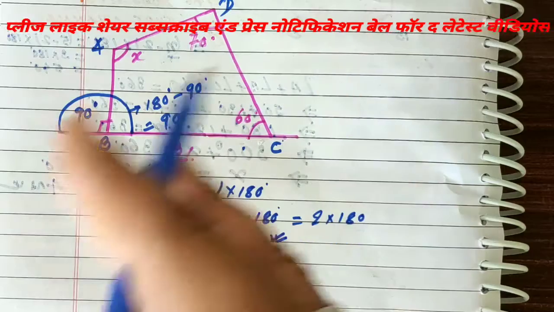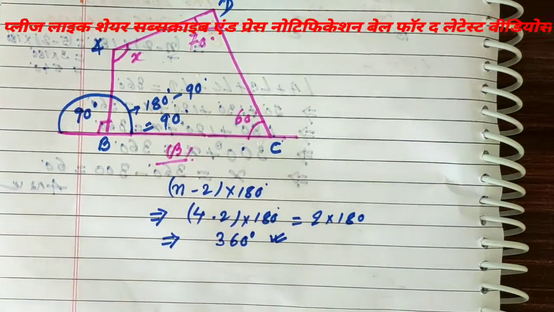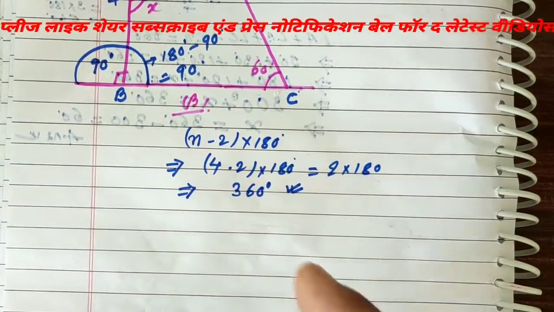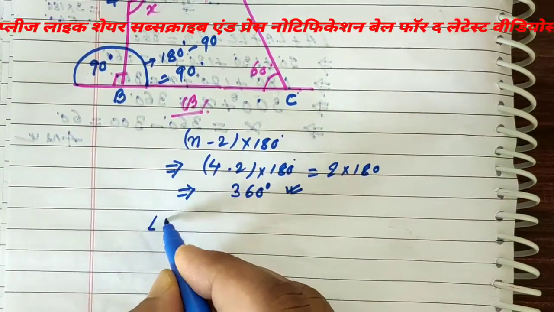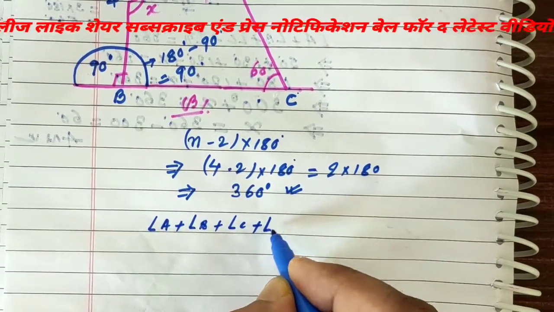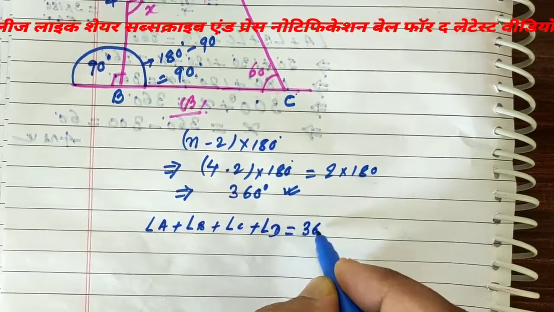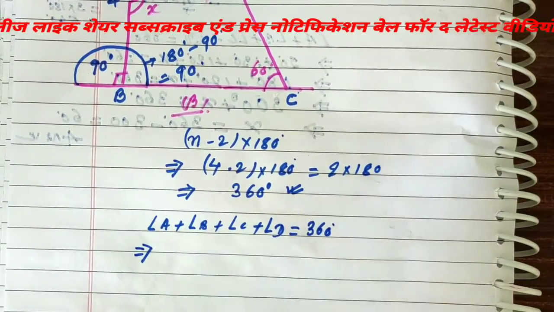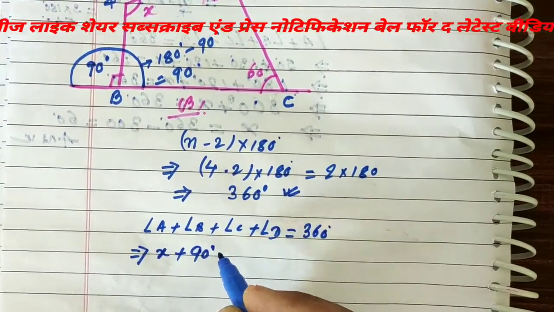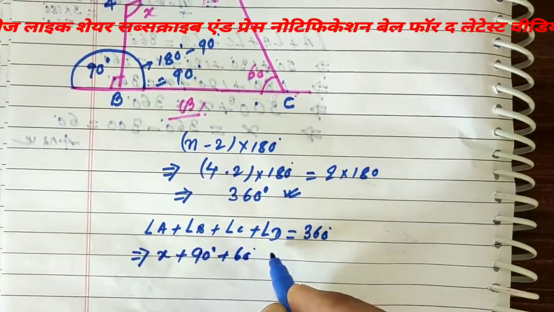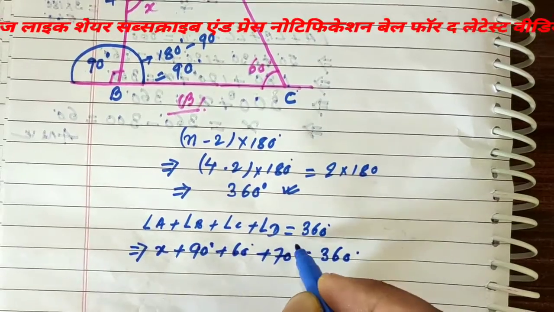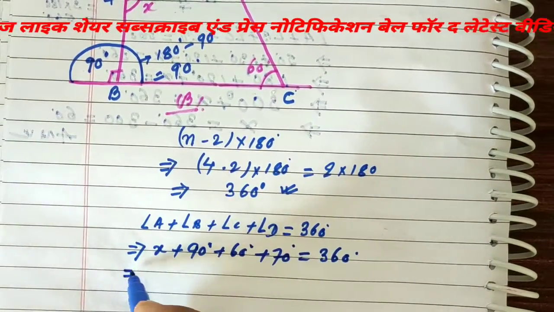So first of all we have to add all the angles, that is angle A, angle B, angle C and angle D. Angle A plus angle B plus angle C plus angle D is equal to 360 degrees. Angle A is given X, plus 90 plus 60 plus 70 is equal to 360 degrees. We also have to give the symbol of degree.